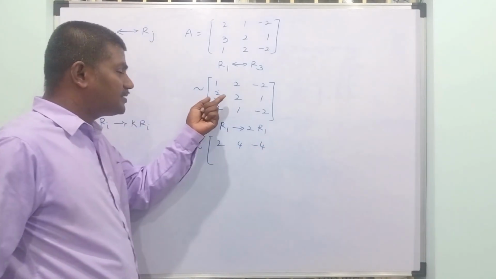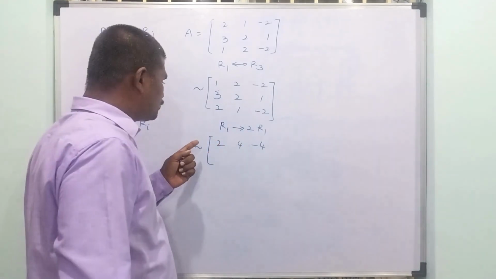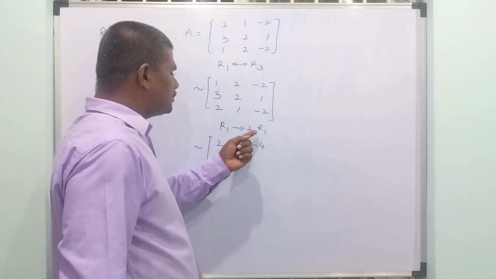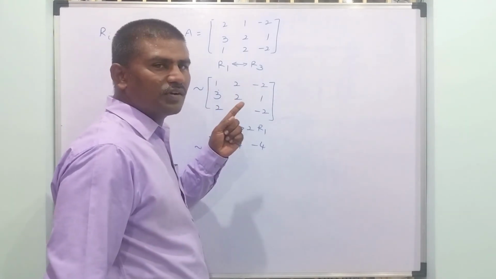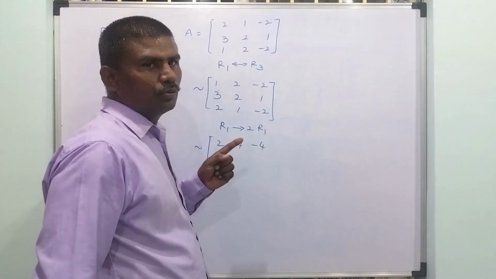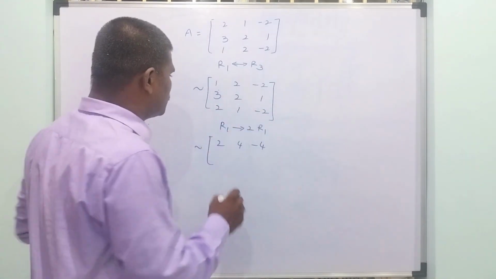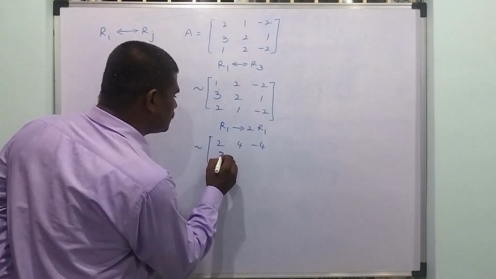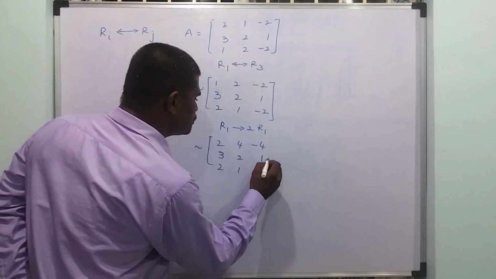As I am considering the same example and taking this matrix, that's why I am multiplying R1 with 2. That means each and every element of the first row will be multiplied with 2. So there is no change in the rest of the rows. That means 3, 2, 1, 2, 1, minus 2.